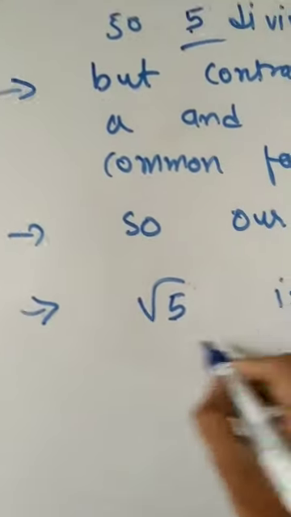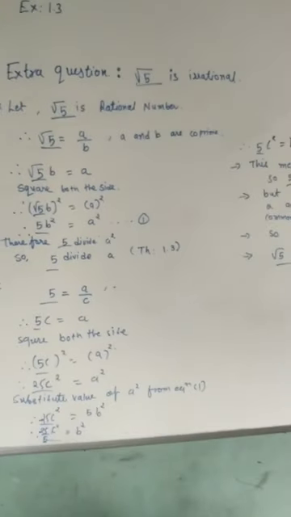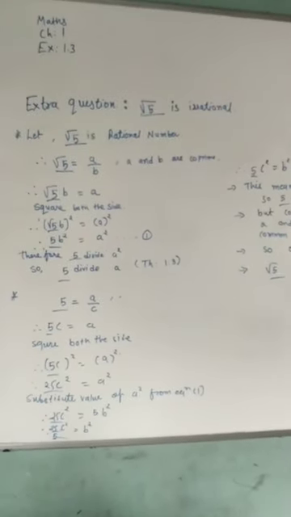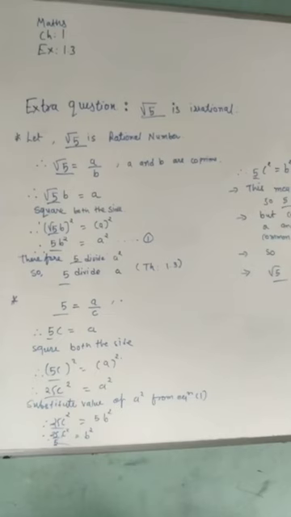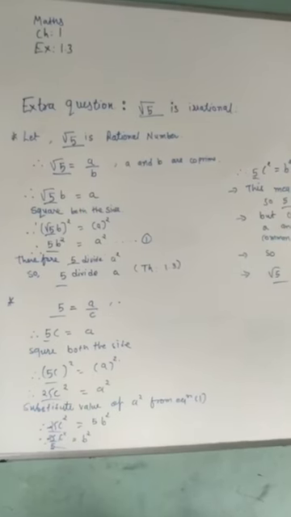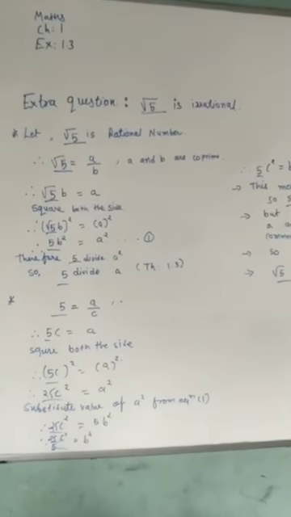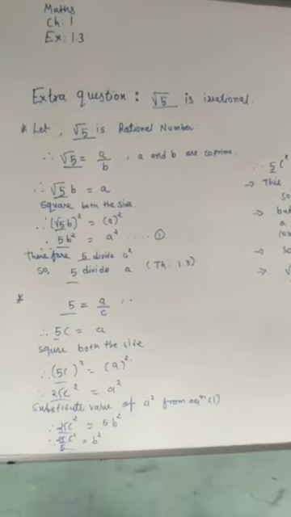So this is a very easy method for you: you have to remember only for root 2 irrational number, and then you can prove it ditto same to same for root 3, root 5, root 7 and all these.